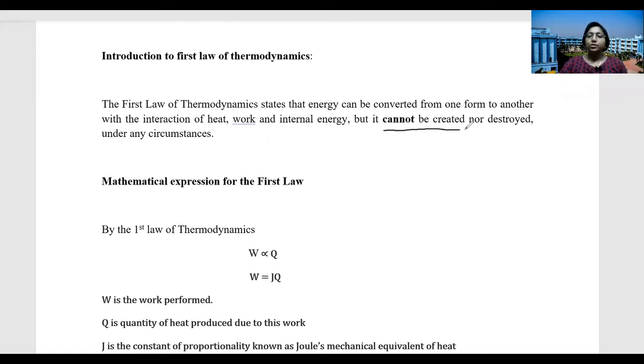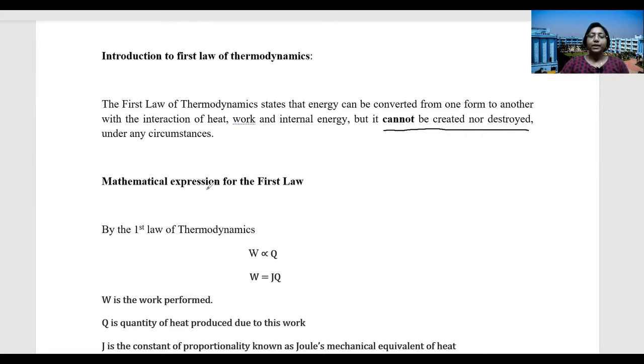Like mechanical energy, you can convert into heat energy. You have learned these things. Or any work can be converted into the form of heat energy. But no energy can be created or destroyed.